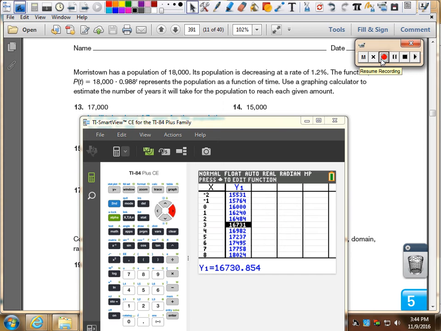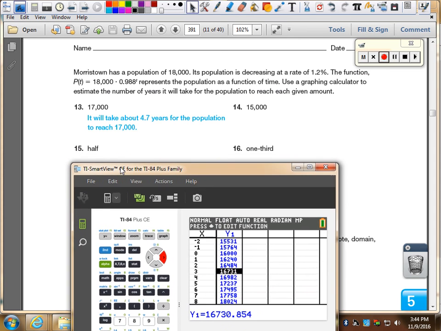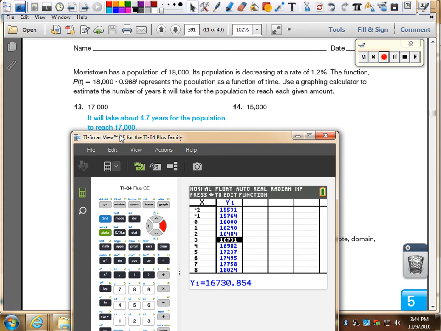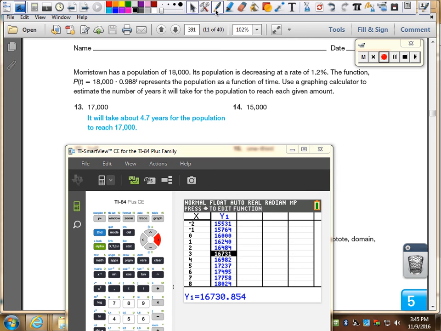Okay, the next part of your homework is not asking for you to sub in a t, it's asking you to sub in a P of t. So my equation is right here, and I'm saying 15,000 equals 18,000 times 0.988 to the t power.